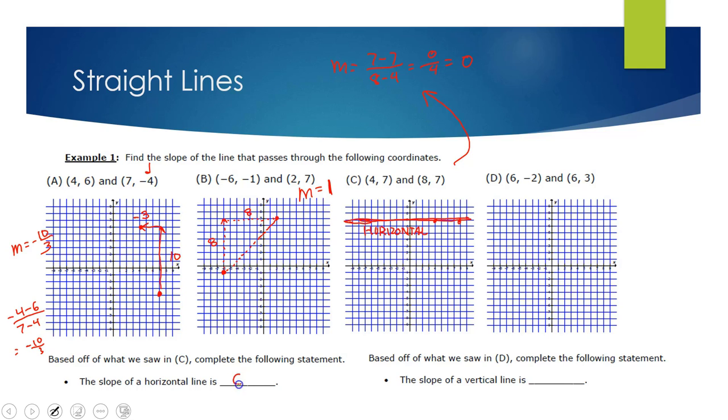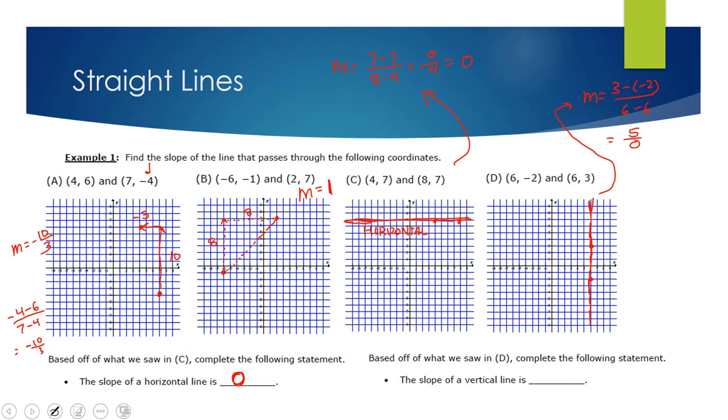So we say that the slope of a horizontal line is 0. When I look at D, (6, -2) and (6, 3), this is a vertical line. If I do its slope, I'm going to have 3 minus -2 over 6 minus 6, which is 5 over 0.